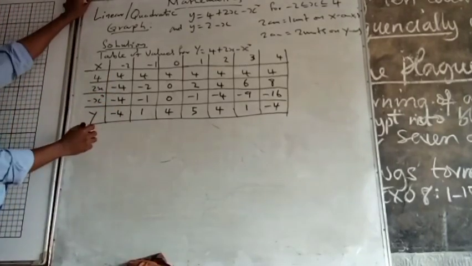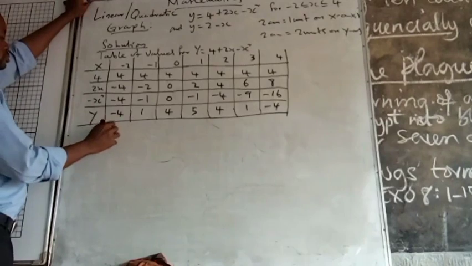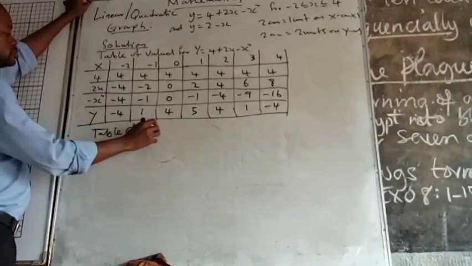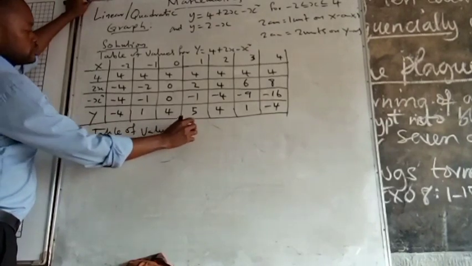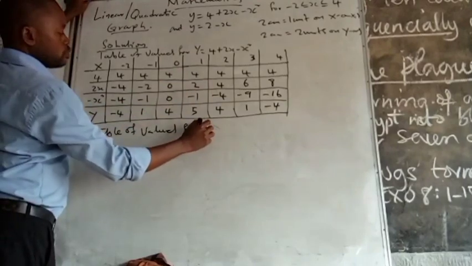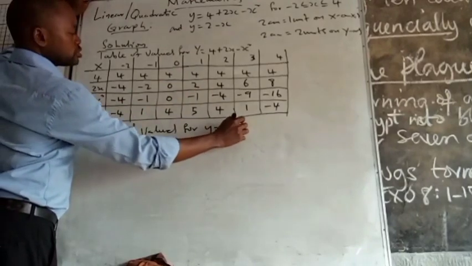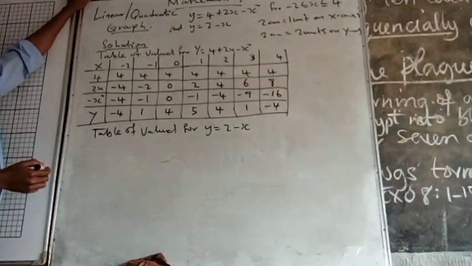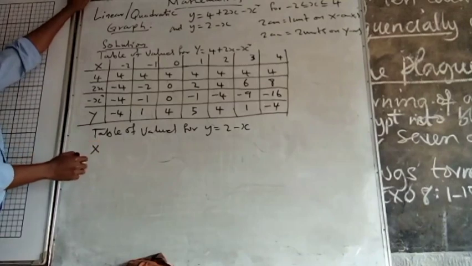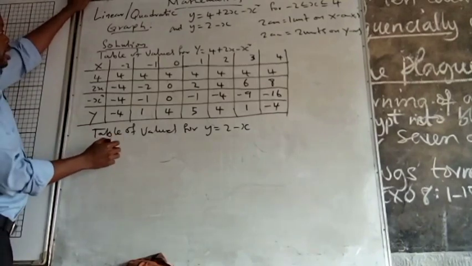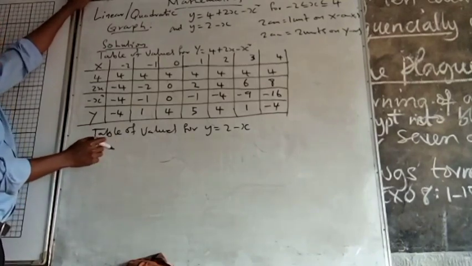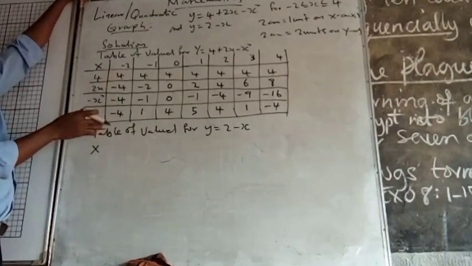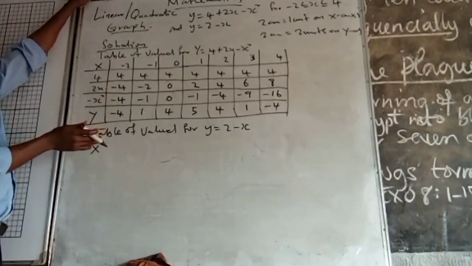We now look at the table of values for y equals 2 minus x. So for the x values, I told us that you can choose some points here and all of them will definitely fall in line.